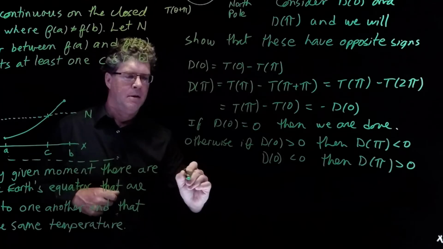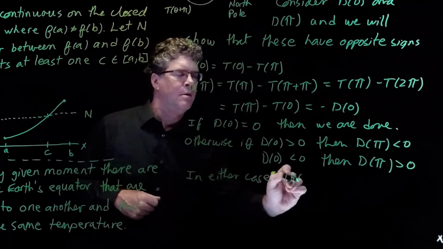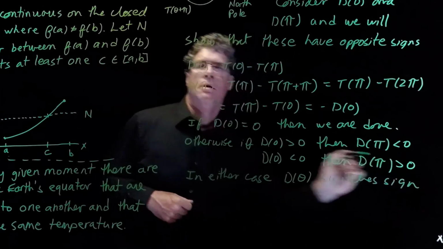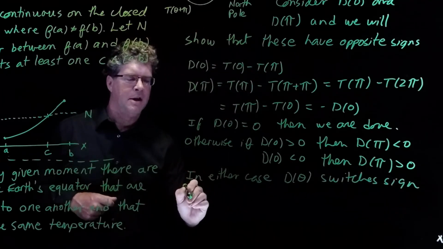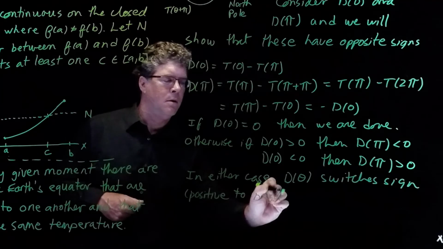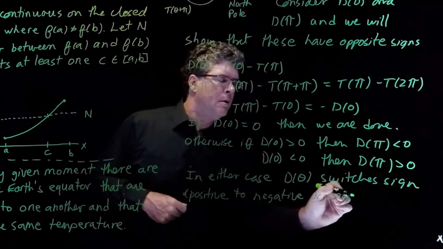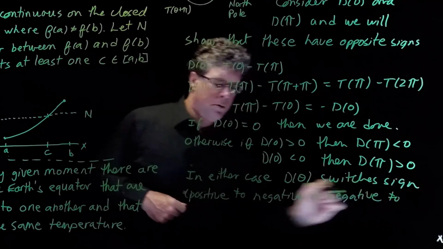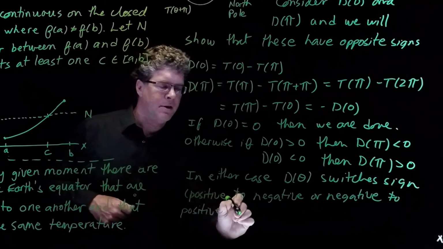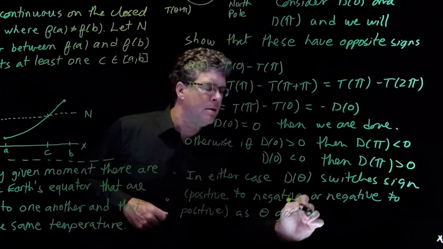In either case, d of theta switches sign, either positive to negative or negative to positive, as theta goes from 0 to pi.